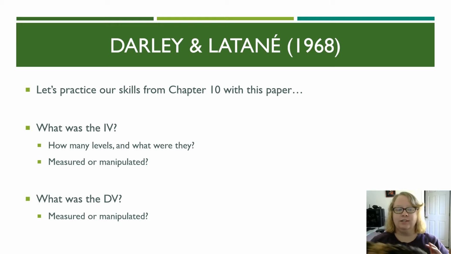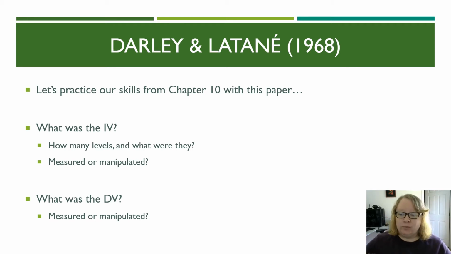They were the only person. The second level, second condition, was the one where there was the participant, the confederate having the seizure, and one other bystander. And then the third condition, the third level, was the one where there was the participant, the confederate having the seizure, and 4 other bystanders. So those were the 3 levels, the 3 conditions of the independent variable.